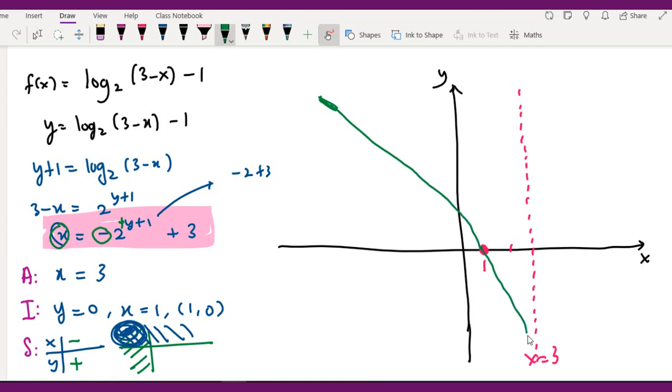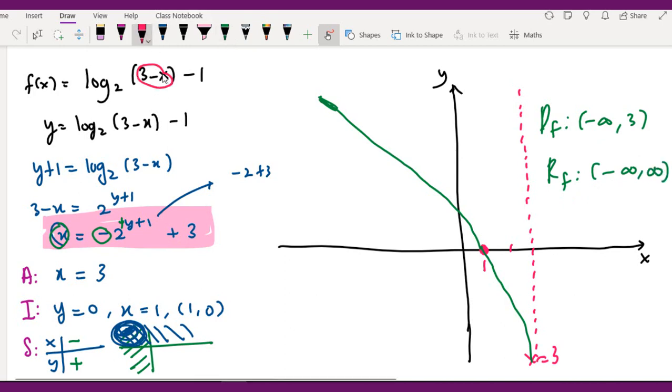This one is the asymptote. To find the domain of f, starting from negative infinity up to 3, not included. The range for log is always real numbers. Double check here: for the domain, 3 minus x is more than 0 and x is less than 3. Okay, settle for this example.